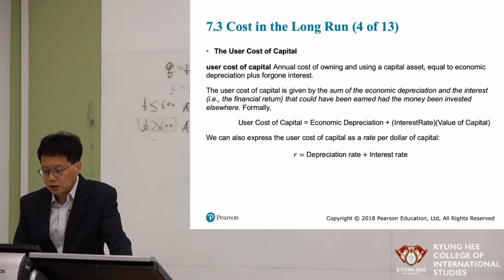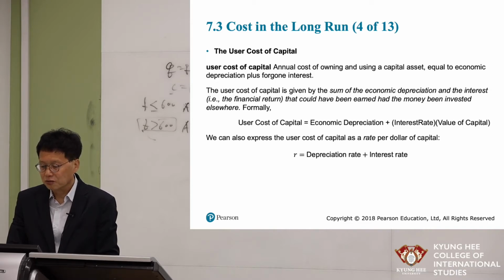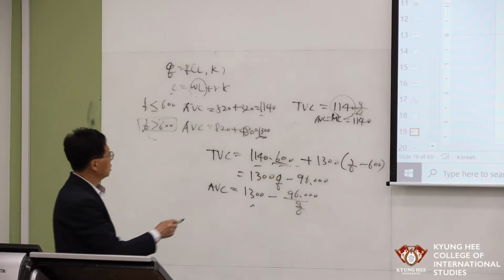Next slide is the user cost of capital. User cost of capital is the annual cost of owning and using a capital asset, equal to economic depreciation plus foregone interest, right? Depreciation plus foregone interest.